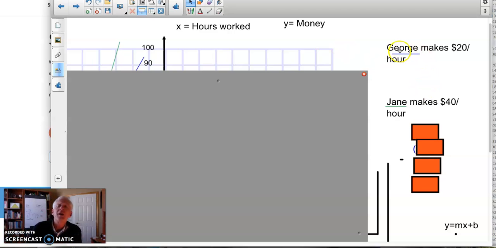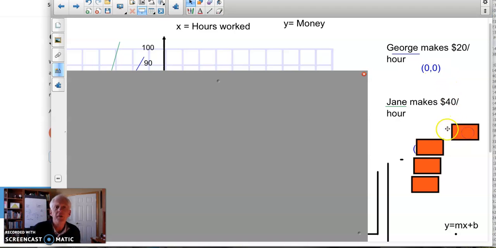So if George makes 20 bucks an hour, if George worked for 0 hours, how much money would he make? Pretty simple. He would make $0. Our letters happen to be X is the hours worked. He worked 0 hours, Y is he makes 0 money.